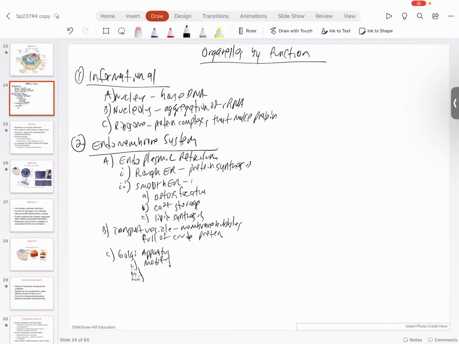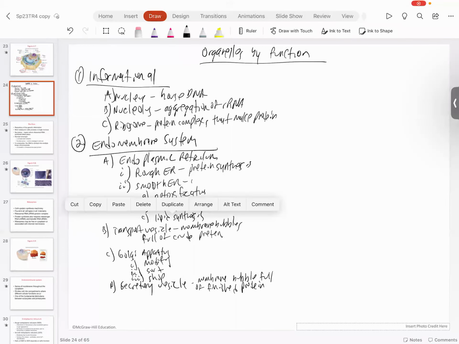It will modify that protein, it'll sort it, and it'll ship that protein. And then that'll package that into a secretory vesicle, which is a membrane bubble full of finished protein.